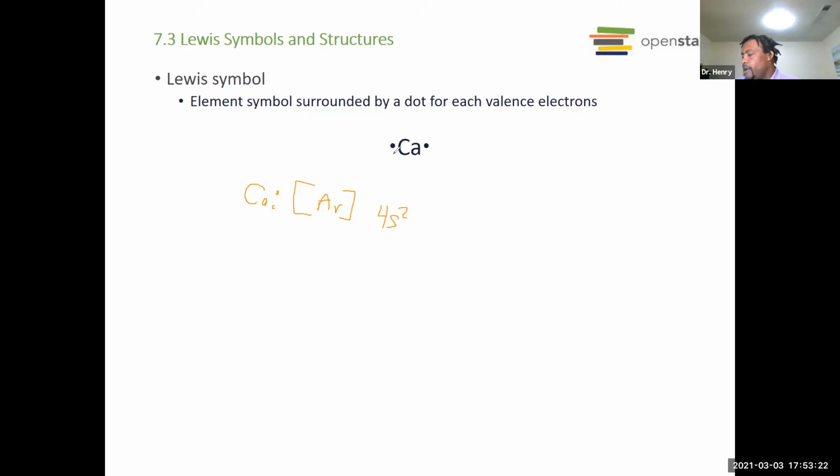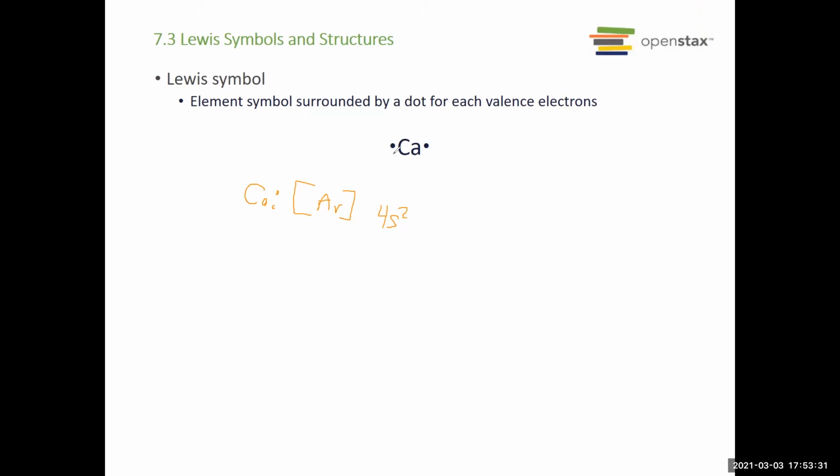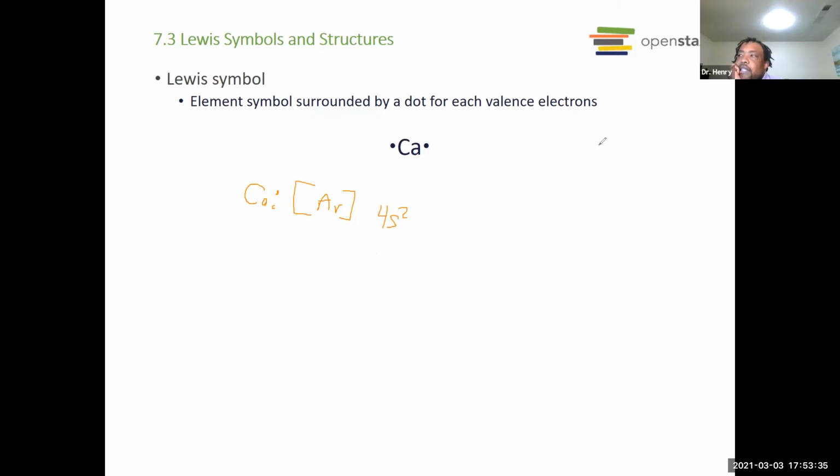Okay. How many valence electrons does oxygen have? Six. So oxygen has 6 valence electrons. So we would represent it having 6 dots around it. How about fluoride? I mean fluorine. Oops, not 8. I'm just adding dots.